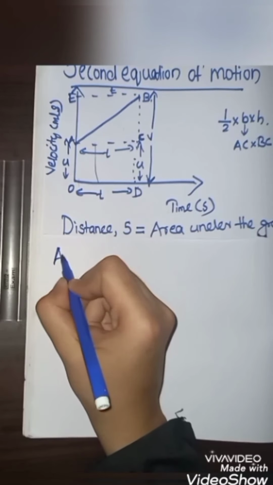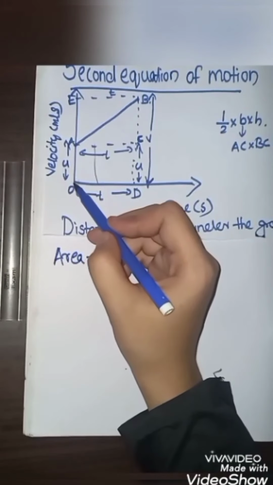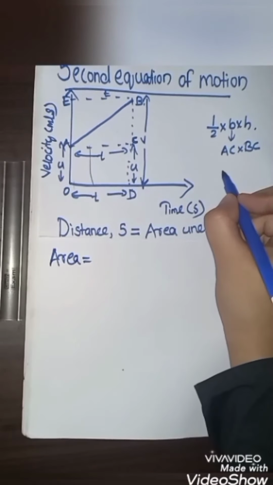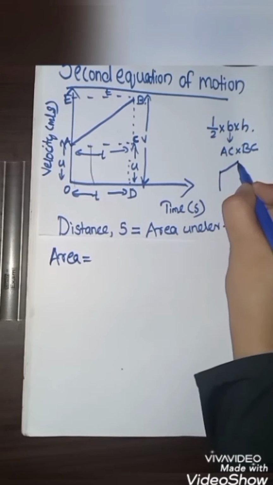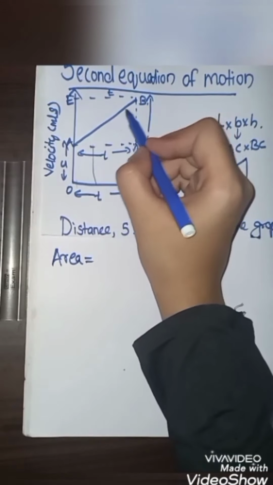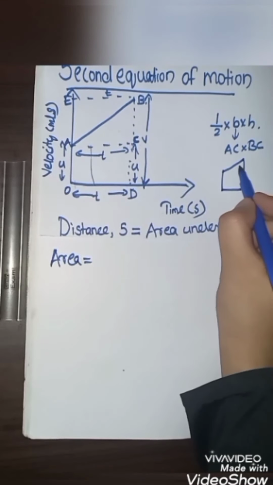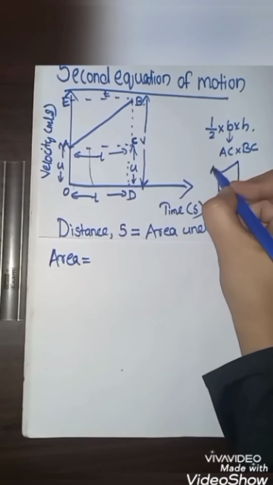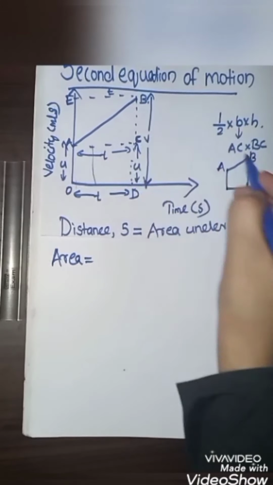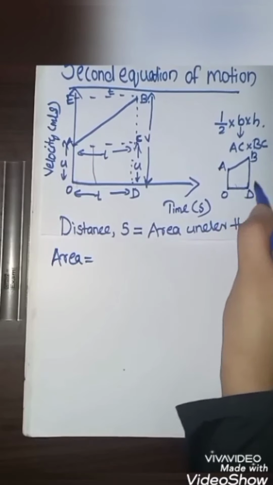What is the shape of the graph here? It is like this. We have to calculate the area of this, that is A, B, D, O. Okay, this is the shape.